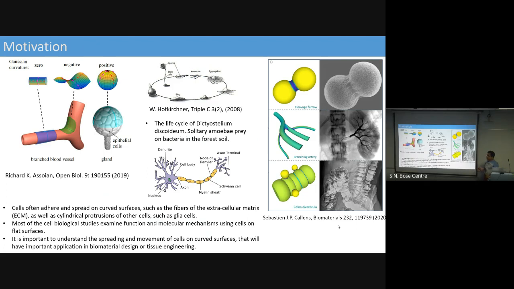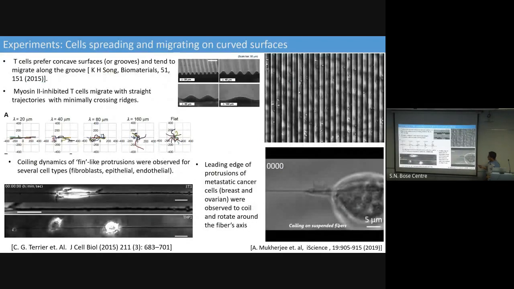So the motivation is that it is important to understand how a cell spreads or migrates when it is exposed to some curved surfaces. However, most of the experiments are actually limited to the cellular spreading and migration on flat surfaces. But there are few experiments that also deal with cell migration, cell spreading on curved surfaces.